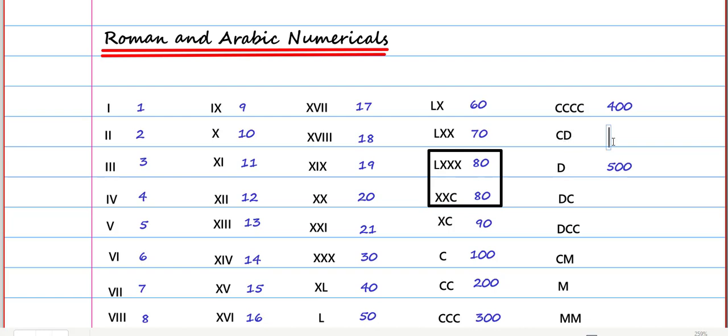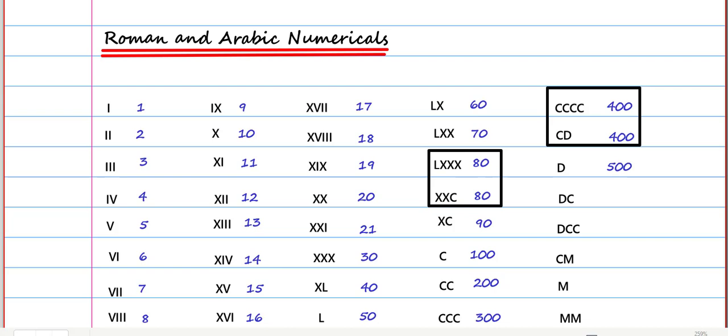So 500 minus 100, which is 400. So again you can write 400 in two ways, either CCCC or CD. It becomes too lengthy, so we can write it CD to make it more simple.